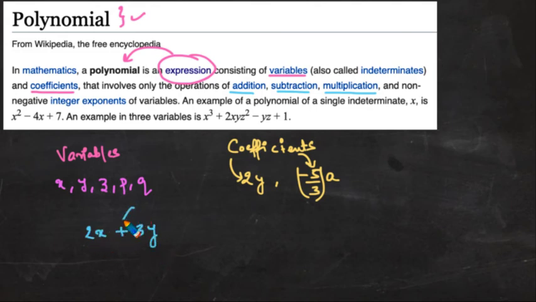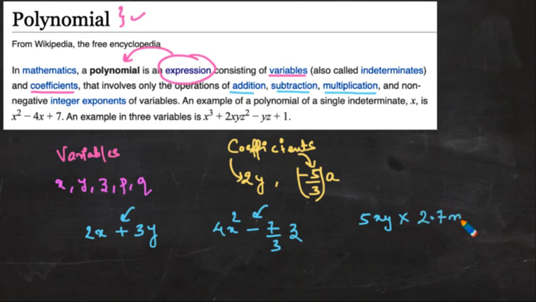This is very valid as per this definition. Or let's say we have 4x squared minus 7 upon 3z. This is also valid because we have a subtraction. Or let's say we have 5xy multiplied by 2.7m. This is also valid because we have multiplication.